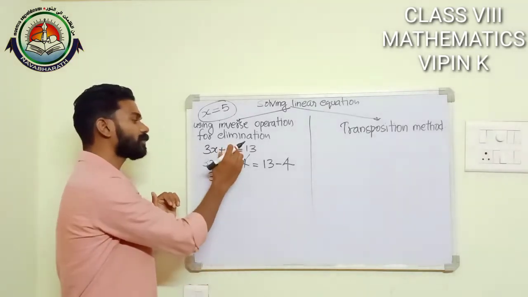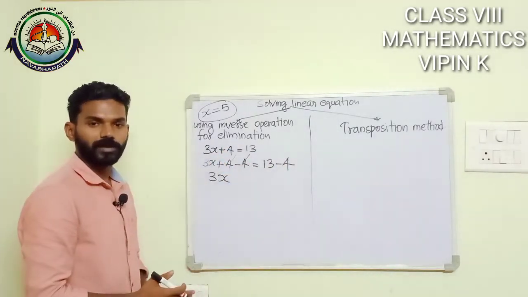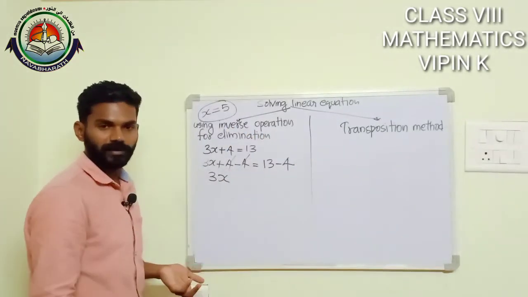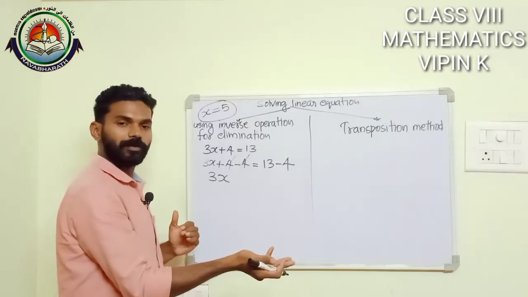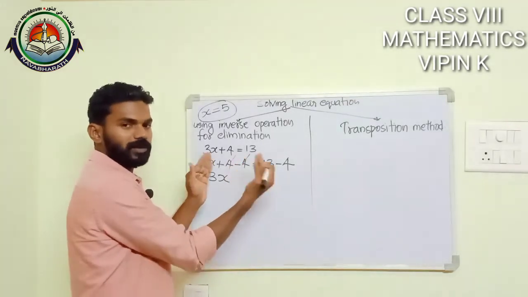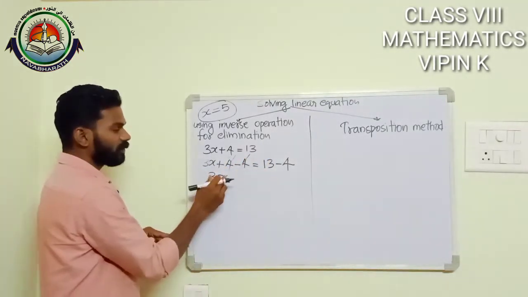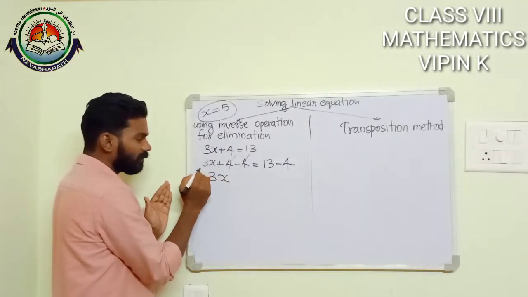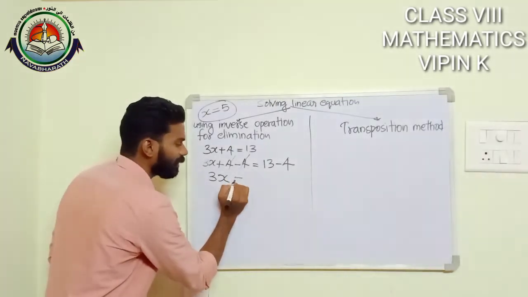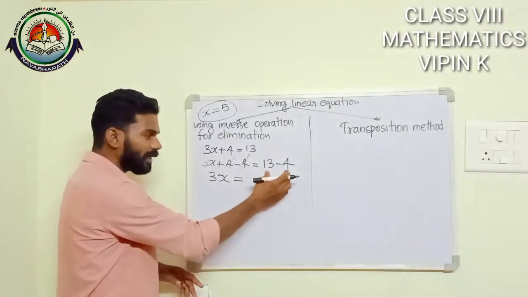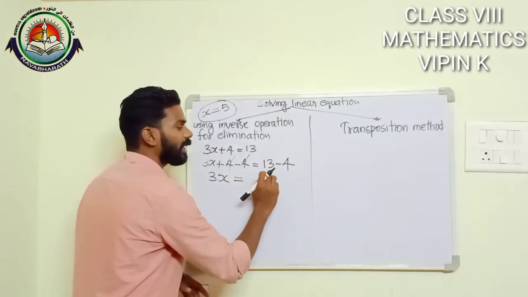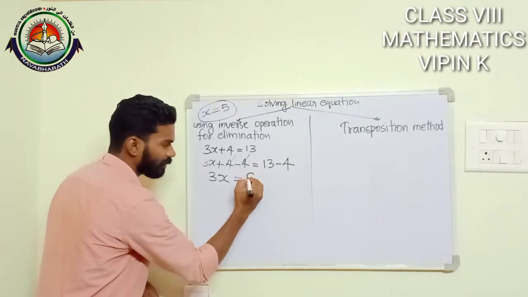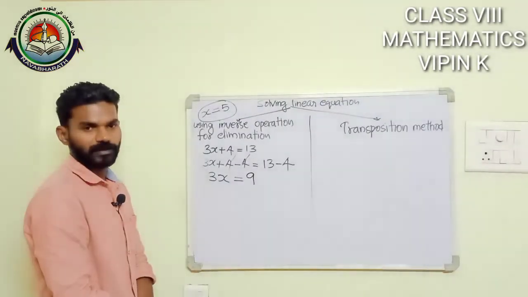This plus 4 is eliminated now. How is it eliminated? By inverse operation. We can do the inverse operation and cancel some terms. So now on the LHS there would be only 3x. Then I am putting the equal sign. And on the right hand side, you can subtract 4 from 13. 13 minus 4, what is the answer? It would be 9.